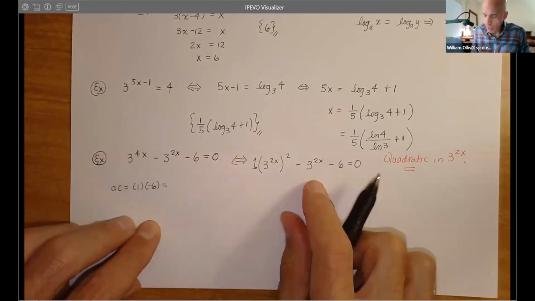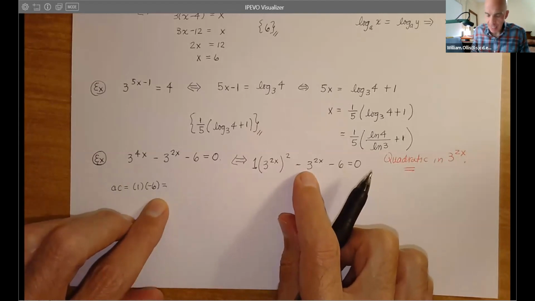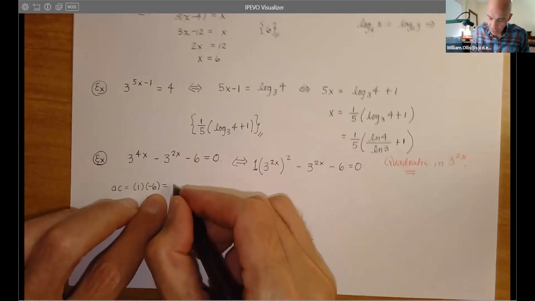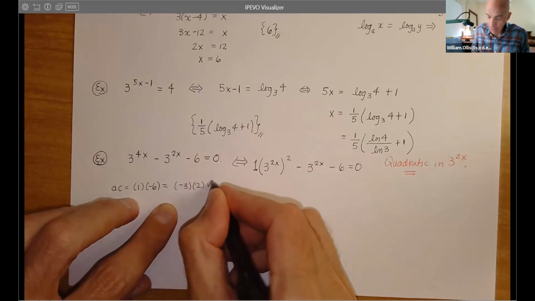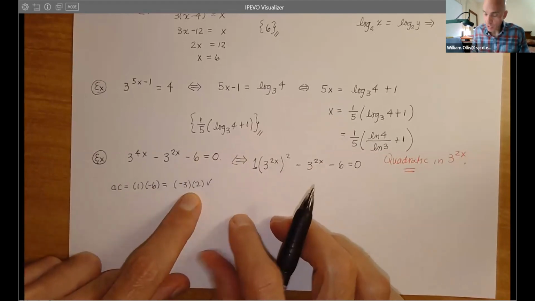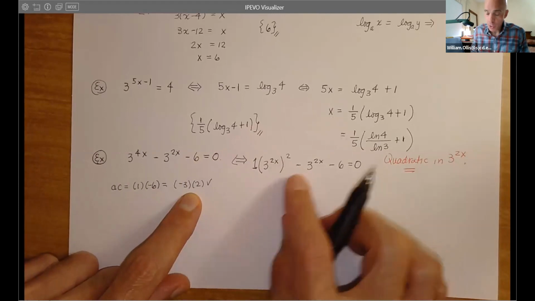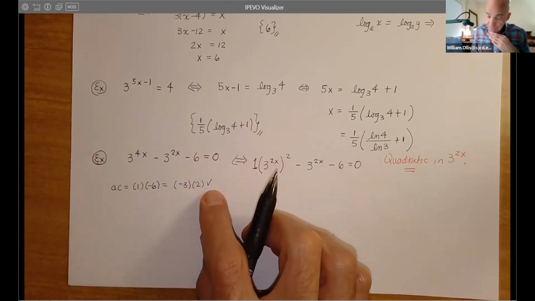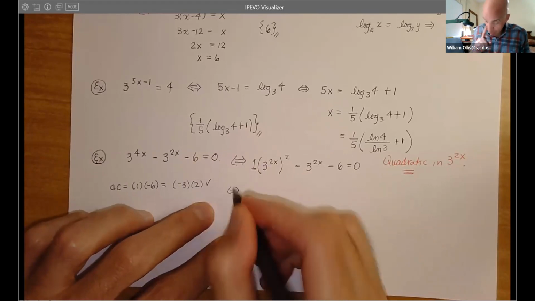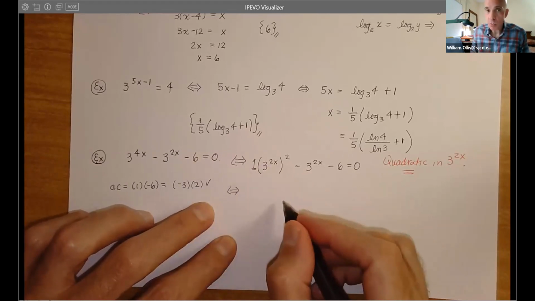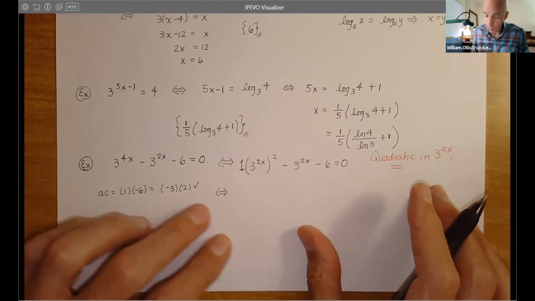Well, of course, we don't really care about that. We need to get a -1, so we've got a -6, which we can write as a -3 times a 2. And if we sum those two factors, we do get a -1. So the AC method works. And of course the leading coefficient is 1, so that's the best of both worlds.